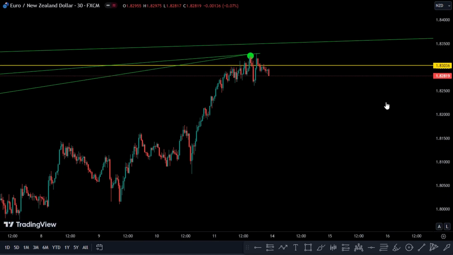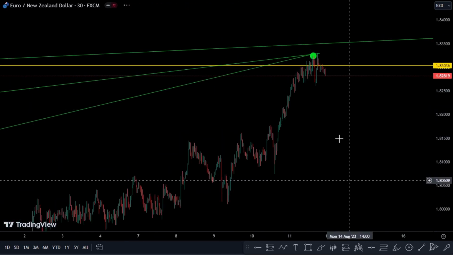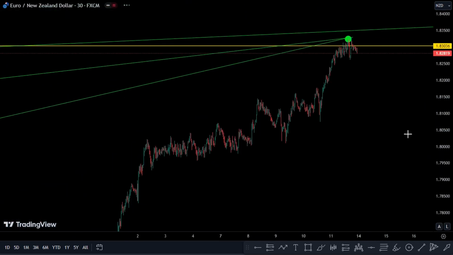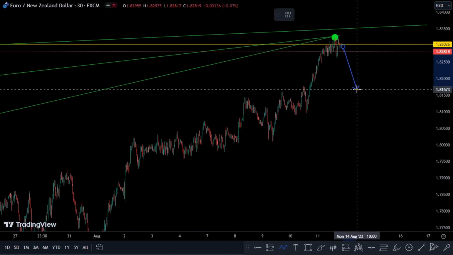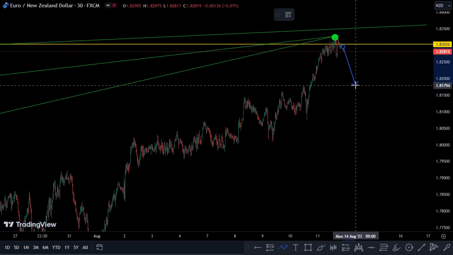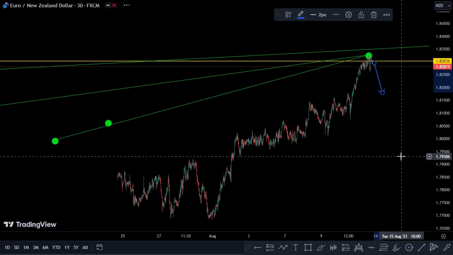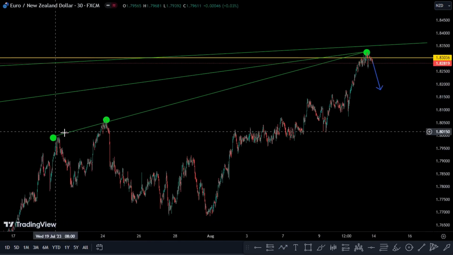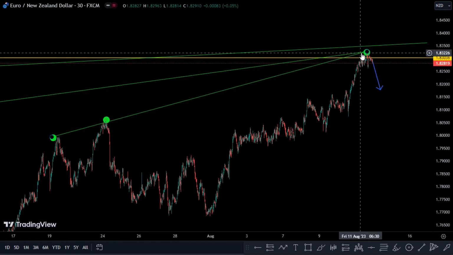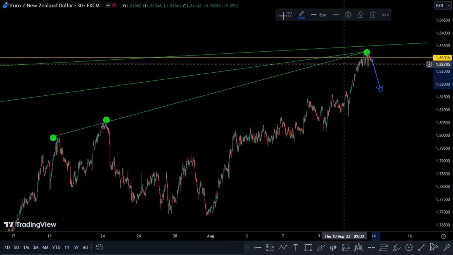Indeed the bears are gaining strength around that area. So I'm very bearish on EUR/NZD right here, looking for a short right here. That's our first touch, second touch, and then our third touch.